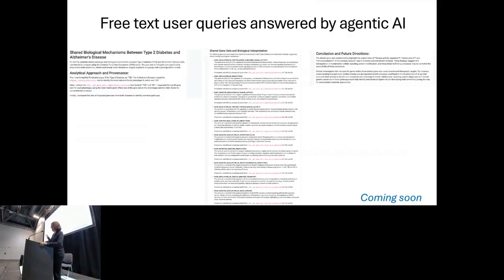Here's an example of the output. Sorry, it's a little small on the screen, so it might be hard to read, but the summary that is provided actually gives you shared gene sets and biological interpretations between those two diseases. So this is something that the interface on its own currently would not enable, but that this connection provided by agentic AI would.